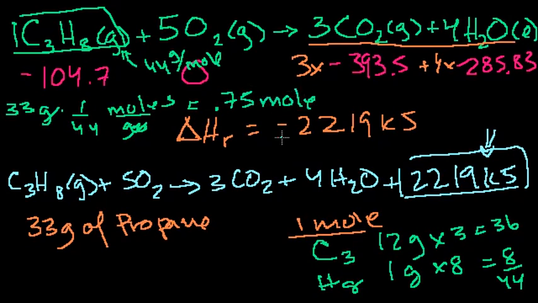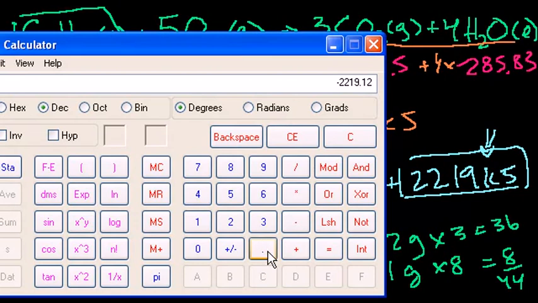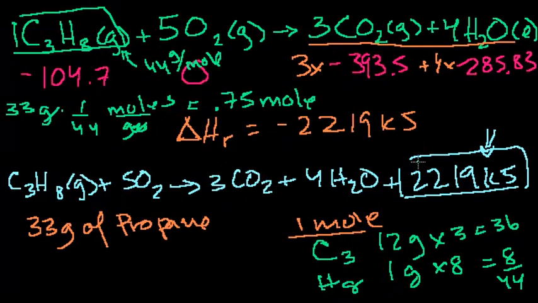So if 1 mole produces this much energy, 3/4 of a mole is going to produce 3/4 of this. So we just multiply that times 0.75, and you get 1664.